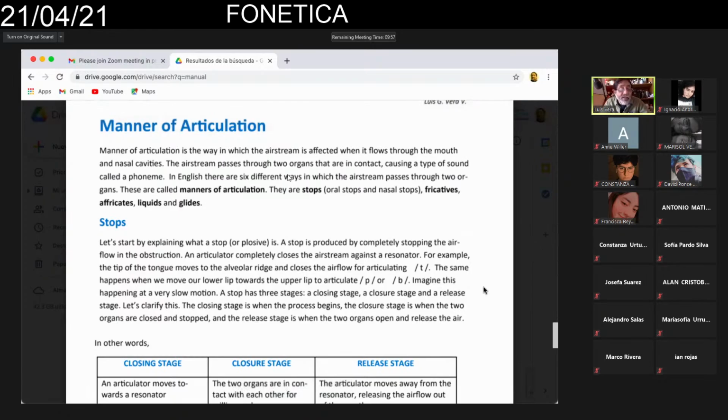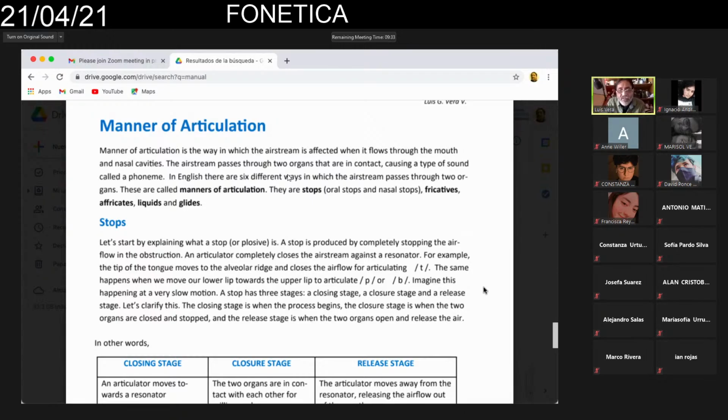Imagine this happening at a very slow motion. A stop has 3 stages: a closing stage, a closure stage, and a release stage. In Spanish, the closing stage, la etapa de cerramiento, que se cierra. A closure stage, la etapa en que está cerrado, and a release stage, la etapa de liberación. Let's clarify this.